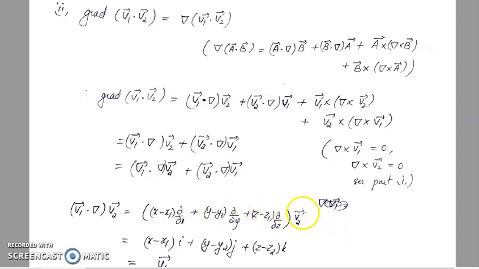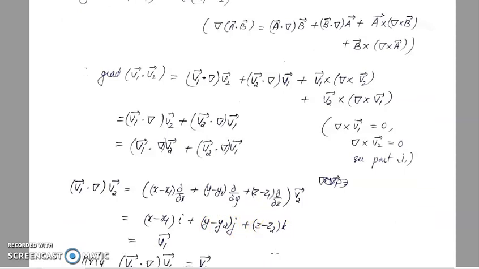So you are going to get the value I. So dou by dou x of V2 will be I, dou by dou y of V2 will be J, and dou by dou z of V2 is equal to K. So that is going to give x minus x1 I plus y minus y1 j, sorry this is y minus y1, plus z minus z1 k.